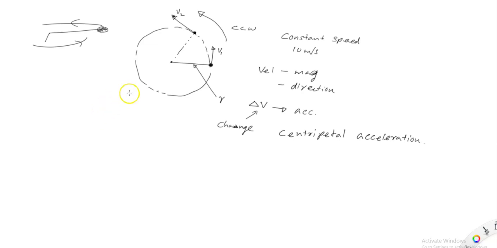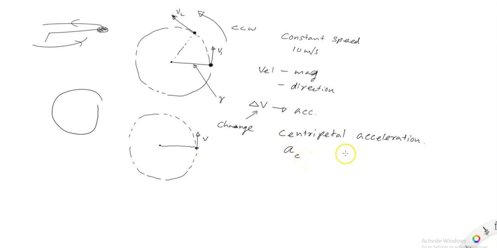So if I redraw this diagram, that's not a good circle. Let me try again. Here's the center. Here's the circle. Here's the object. Right now it goes in this direction. Here's the velocity v. This is the radius. Centripetal acceleration, AC.